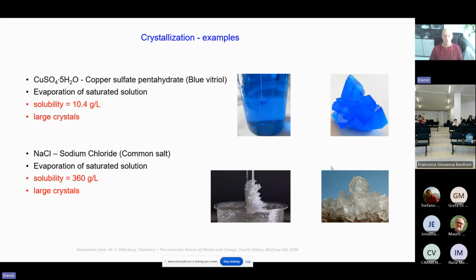What is typical for this system is the solubility of copper sulfate pentahydrate, which is relatively high. It is about 10.5 grams per liter. Crystals that are obtained are large. Another similar example is sodium chloride crystallization, performed by evaporation from a saturated solution. Typical for sodium chloride is that the solubility is even much higher than in the case of copper sulfate, and large crystals can be easily obtained also in this system.